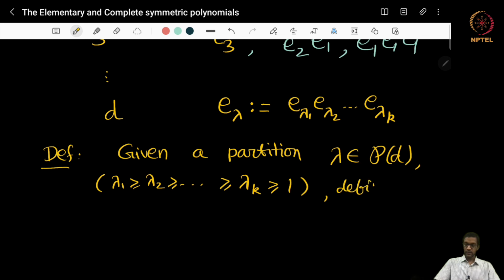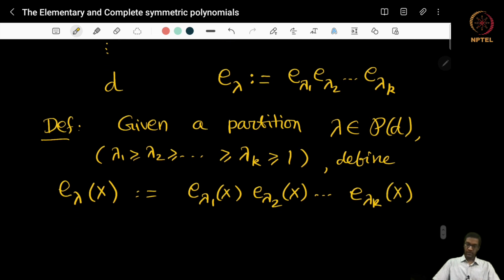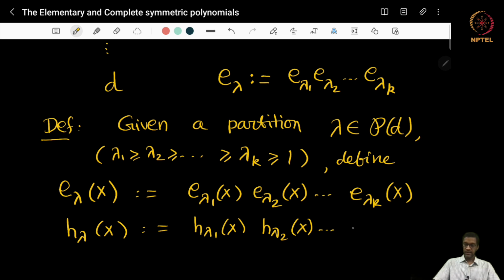Define the elementary symmetric polynomial e lambda of x to be the product e lambda 1, e lambda 2, up to e lambda k, and likewise we define h lambda, the complete symmetric polynomial, by the same idea. It's just h lambda 1, h lambda 2, h lambda k.